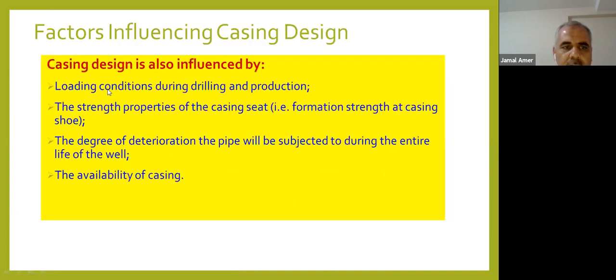What are the factors that casing design is also influenced by? Loading conditions during drilling operation, the strength properties of casing seats, the degree of deterioration the pipe will be subjected to during the entire life of the well, and the availability of the casing. All these factors will affect our selection.